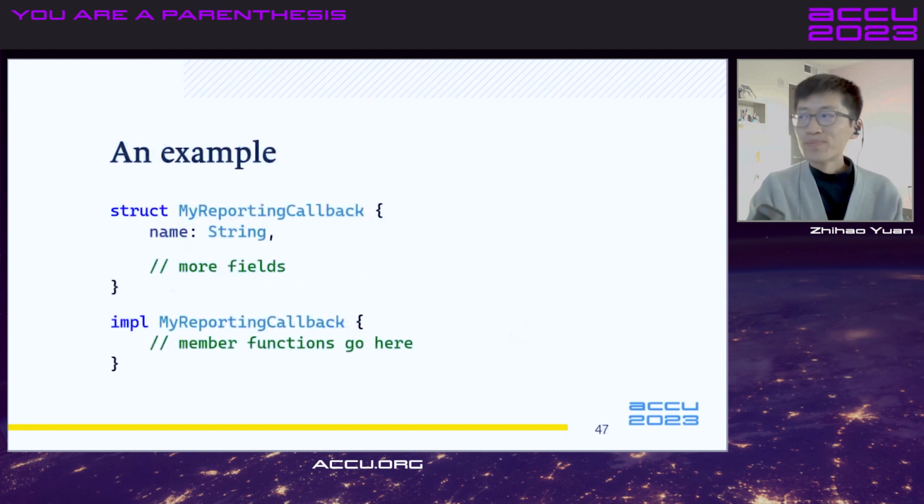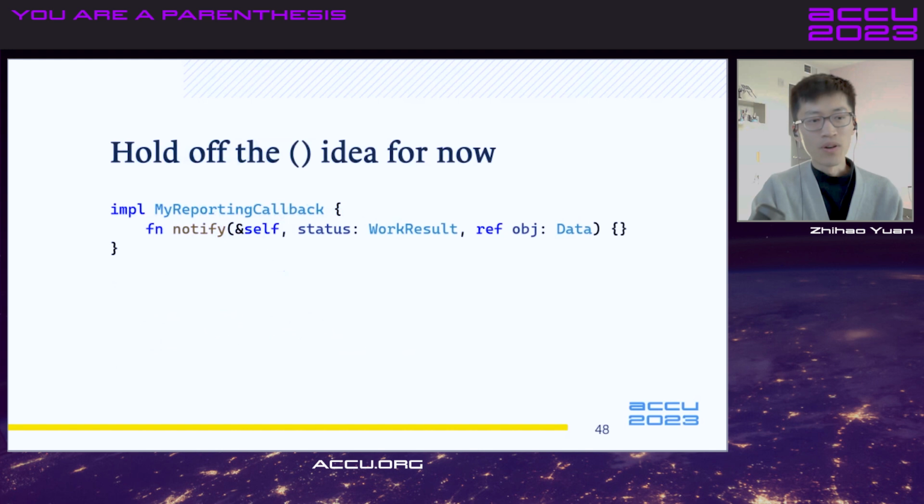And then go back to our question. If we state that in Rust, it will look like this. I have a class in Rust, it's called struct. It has some fields, but within that class body, you cannot specify a member function. You'll have to open a new block to place your member function. And in that block, we have a member function called notify.